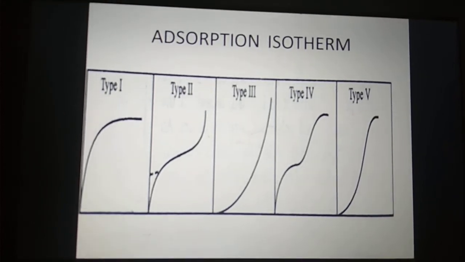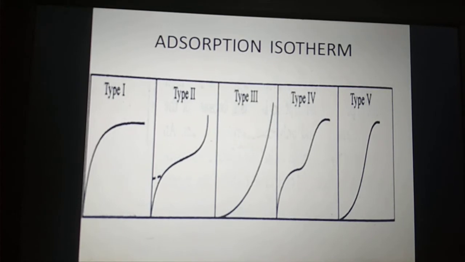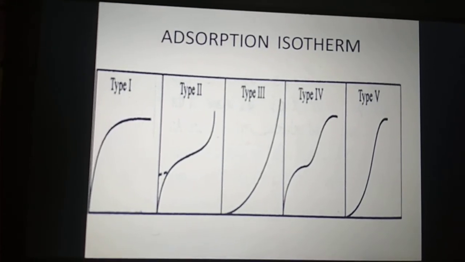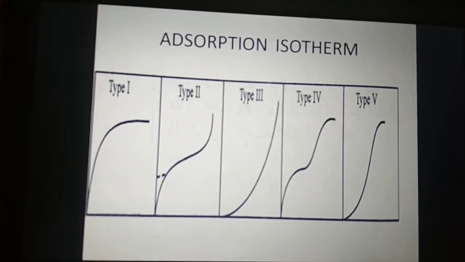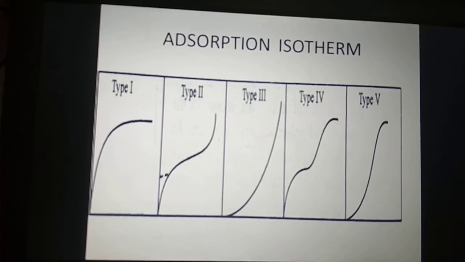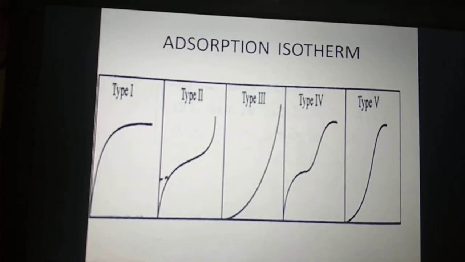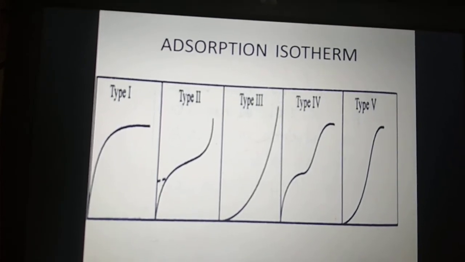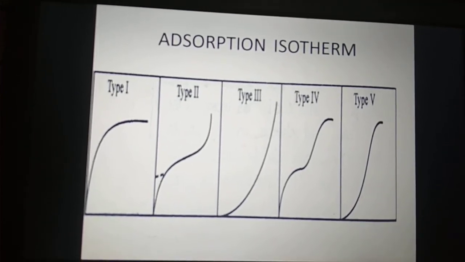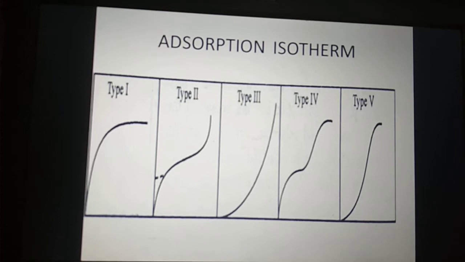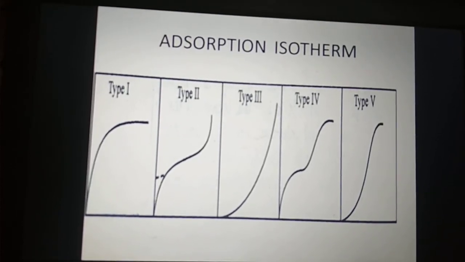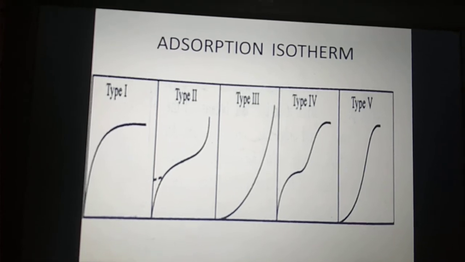At very low pressure, the amount adsorbed is directly proportional to the pressure for almost all types of isotherm. The first type of isotherm is shown at low pressure and moderate temperature, and only a monolayer is formed, which becomes saturated.